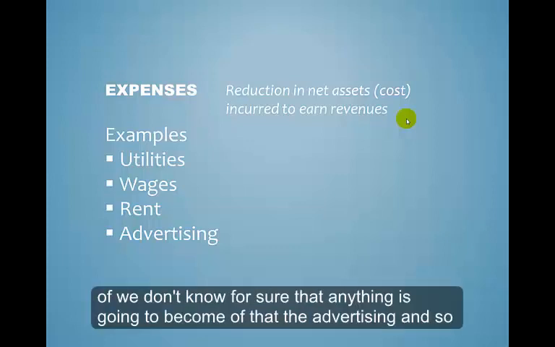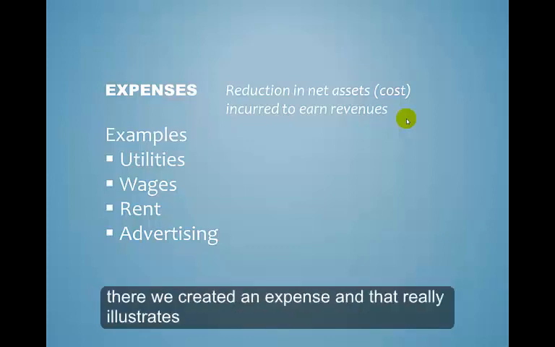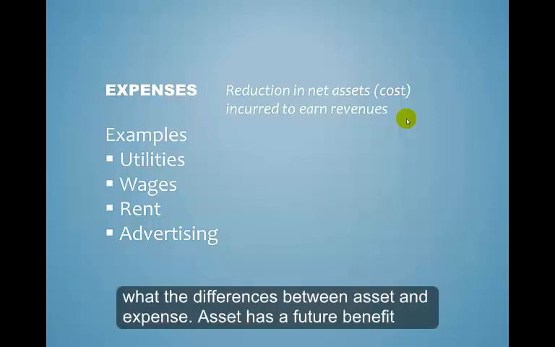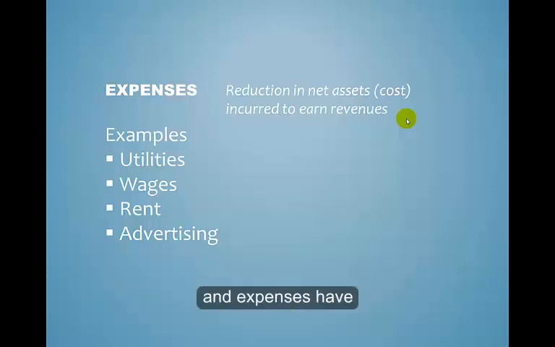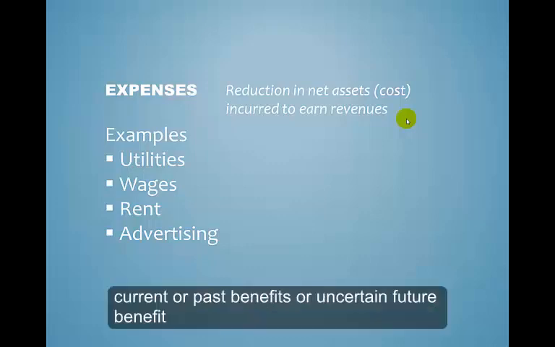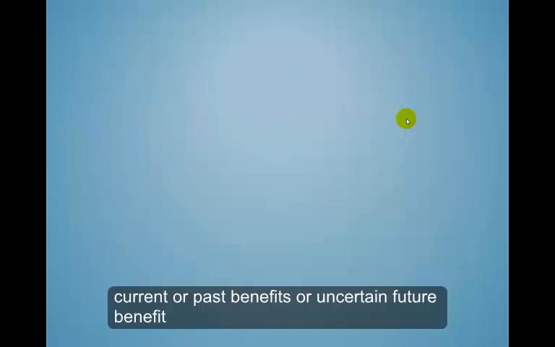We don't know for sure that anything is going to become of that advertising, and so we created an expense, and that really illustrates what the difference is between an asset and expense. An asset has that future benefit, and expenses have current or past benefit, or uncertain future benefit.